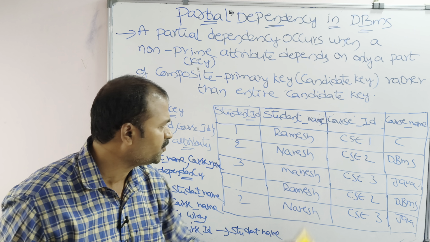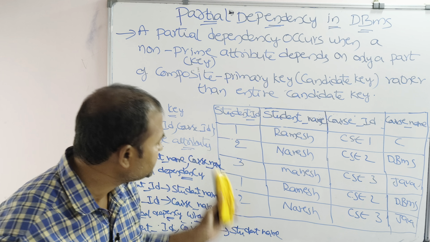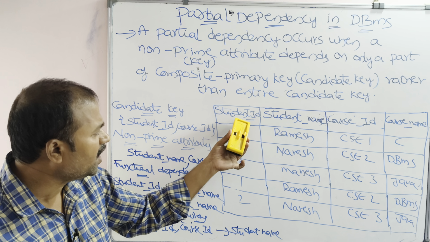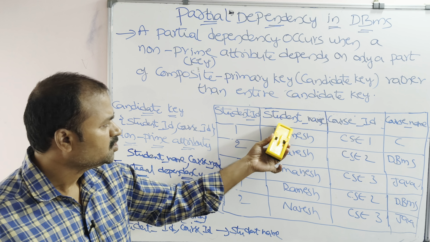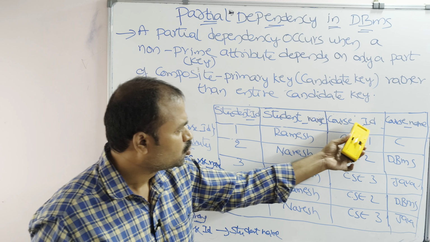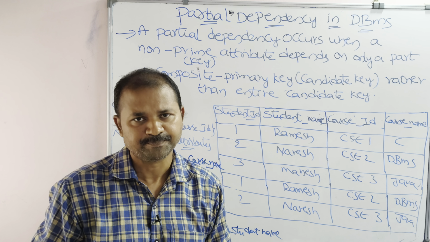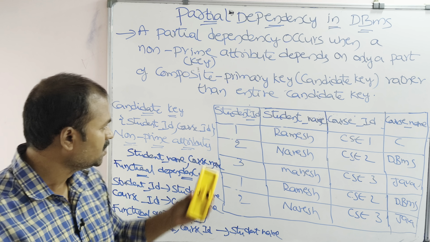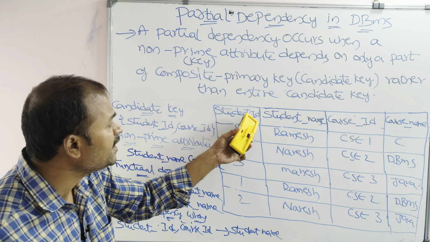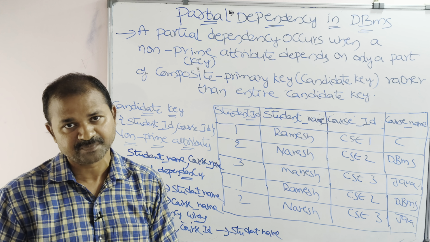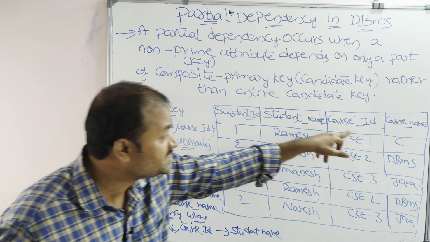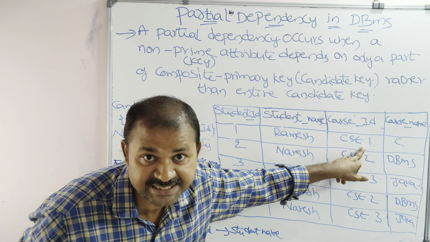So let's see this example. This table contains 4 attributes: student ID, student name, course ID, and course name. Now we need to choose the primary key. We can't select student ID as the primary key because a single student may register for different courses.